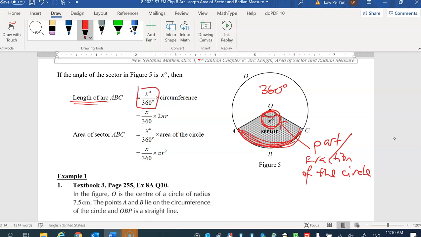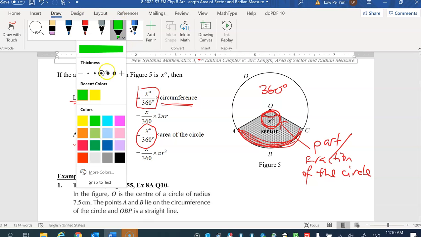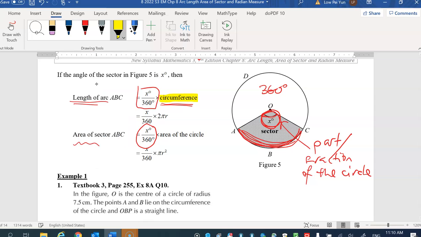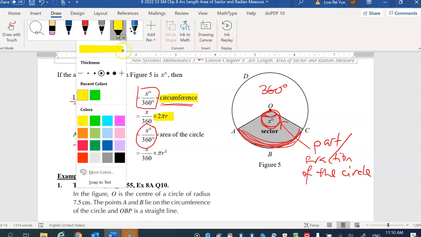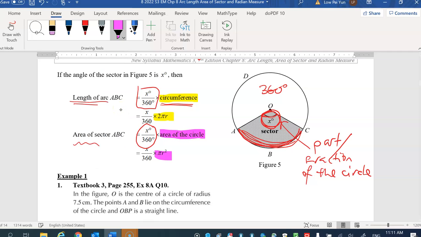Over here, part of the circle, you have the circumference, and for the area, it is also part of 360 degrees. A fraction of 360 degrees is a fraction of the circle. So over here, we need to remember our primary school formula for circumference, which is 2 pi r, and area of circle is pi r squared.